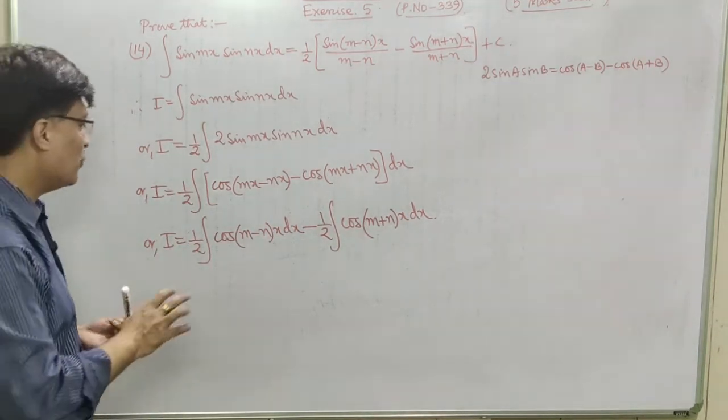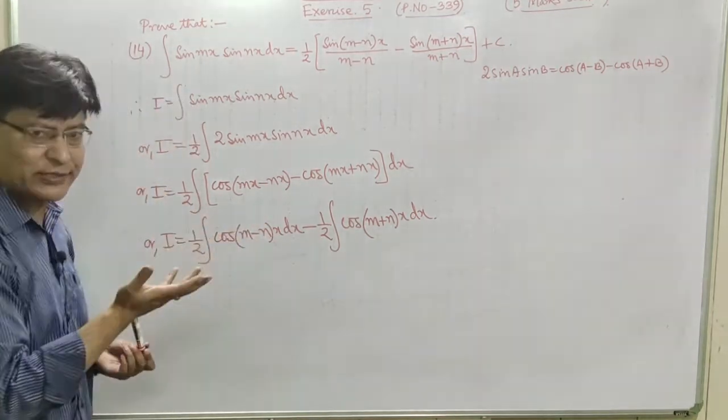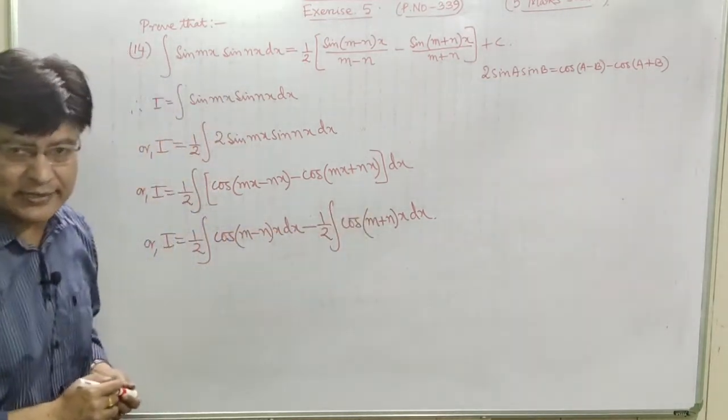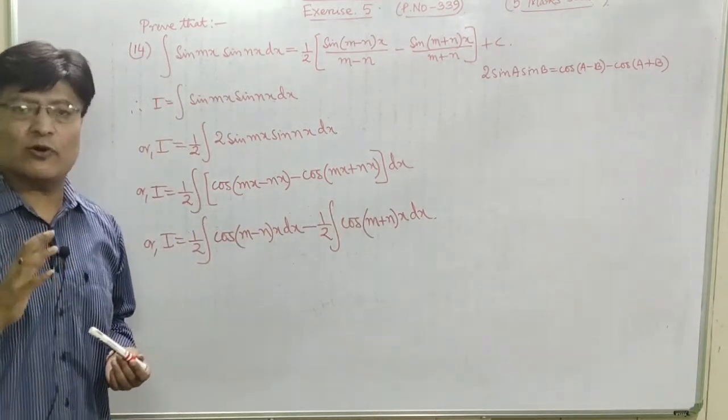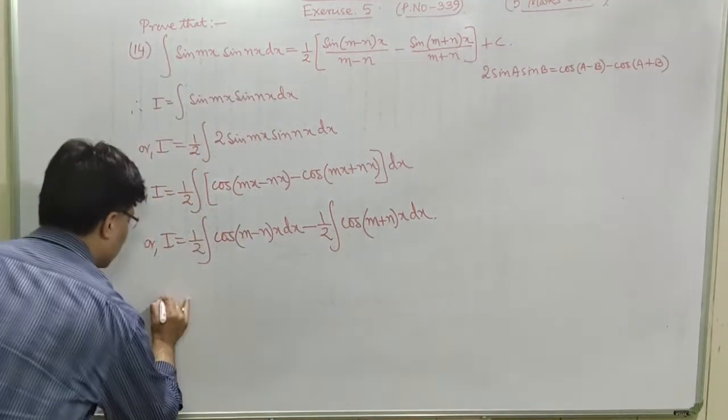Okay. So now which formula is used here? So m minus n is just like your m. You can use cos mx dx here also. What is integration of cos mx dx? It is sin mx upon m.